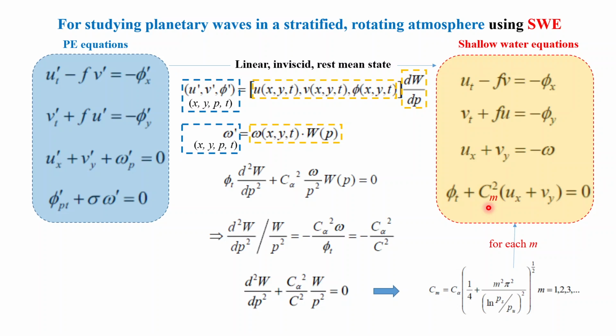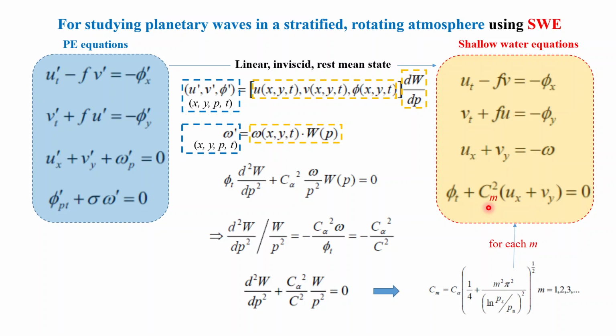the mathematical similarity of this set of equations to the shallow water equations is identical. The only difference is the depth of the shallow water in the shallow water equation.